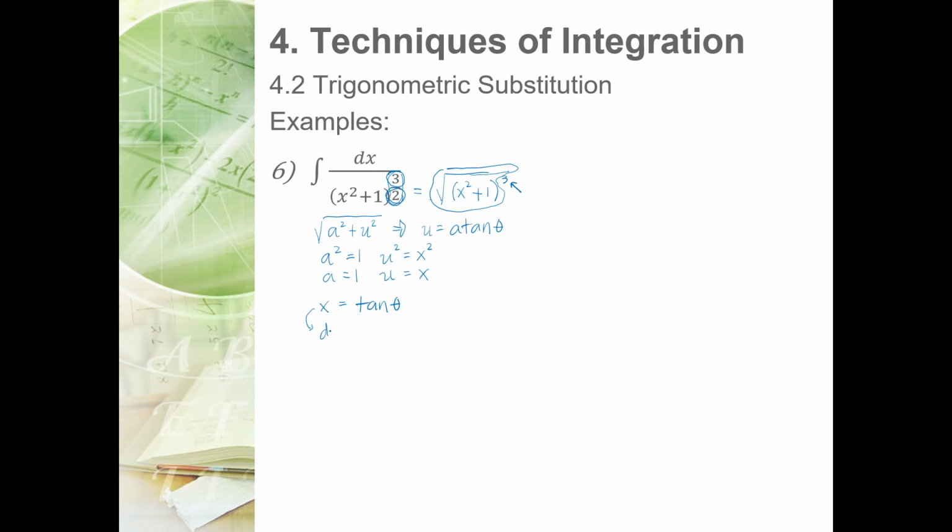Getting the dx, the derivative, this gives us secant squared theta d theta. Utilizing again the formula by isolating the trigonometric function, this gives us x over 1. And then create the right triangle. So opposite over adjacent side. So this gives us square root of x squared plus 1.